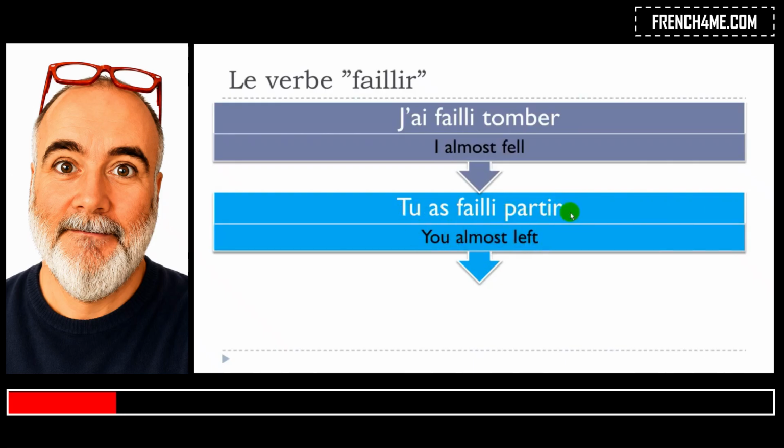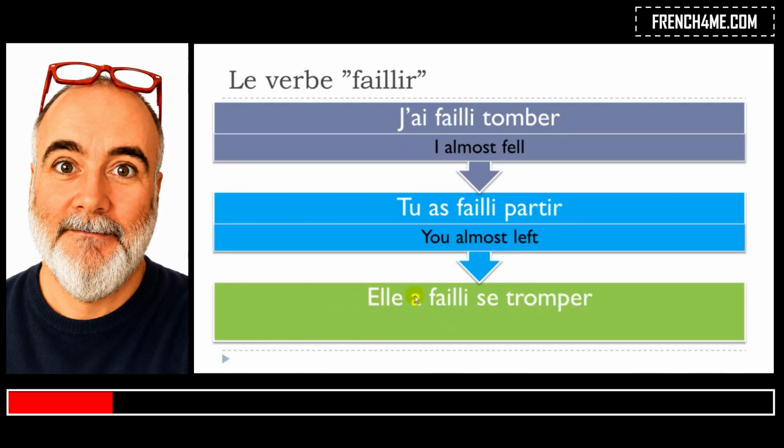Tu as failli partir. Elle a failli se tromper. She almost made a mistake. Elle a failli se tromper. So it's actually quite simple, as you see. Just put faillir at the passé composé form and put a verb at the infinitive after. J'ai failli tomber. Tu as failli partir. Elle a failli se tromper.